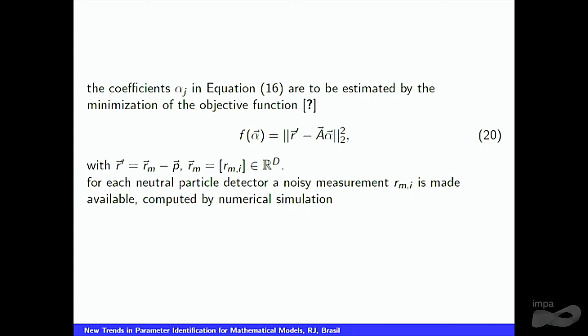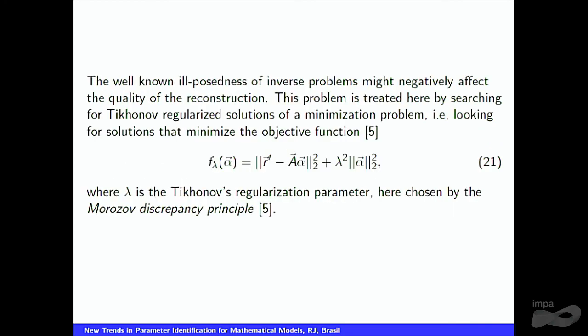We then try to get these coefficients in a straightforward way, which is by minimizing this expression, the objective function. We are going to consider some noise in these readings later, so I made this change here, where that's the exact measurement, and then we are going to consider some noise.